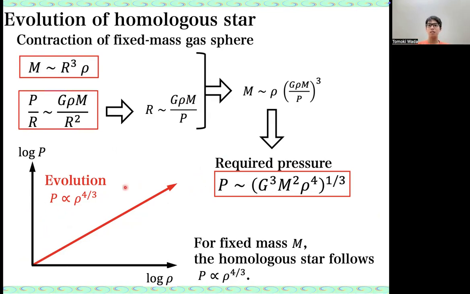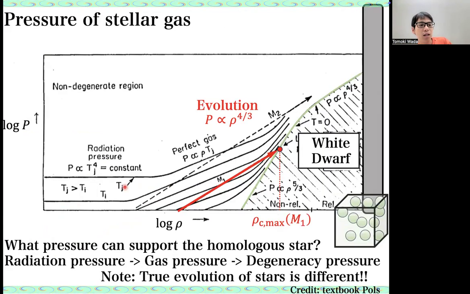Okay, let's consider the equation of state. This figure is very busy, but the axes are the same as before. This is log rho and this is log P. And in each region, the equation of state is plotted. In this parameter space, radiation pressure is important. And in this space, gas pressure is important.